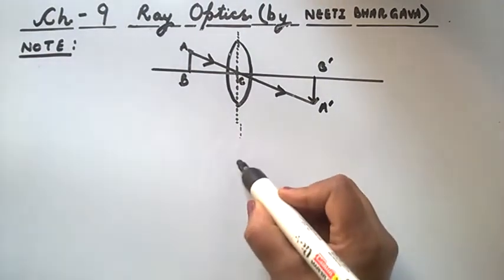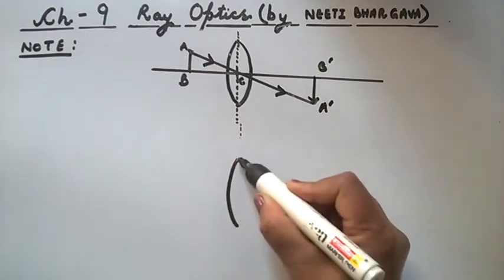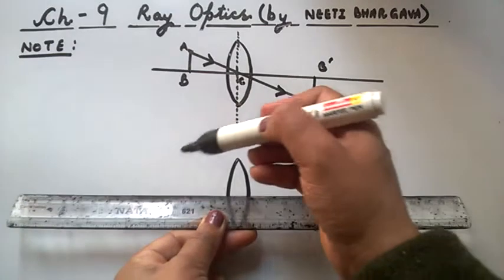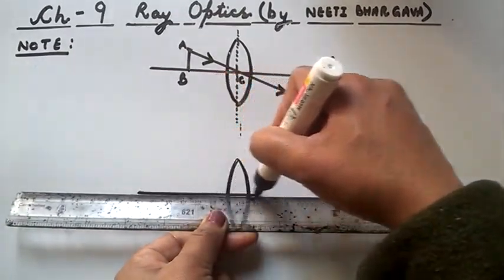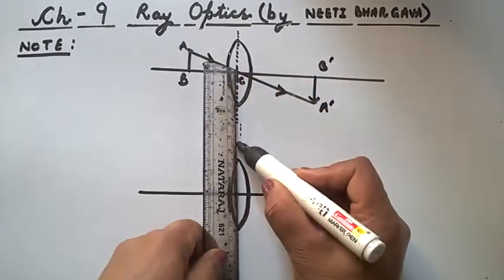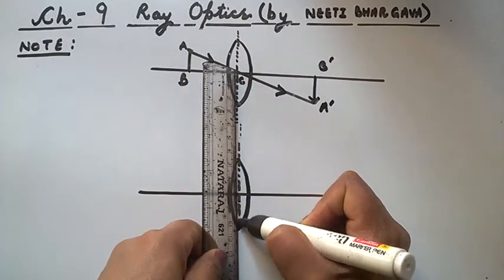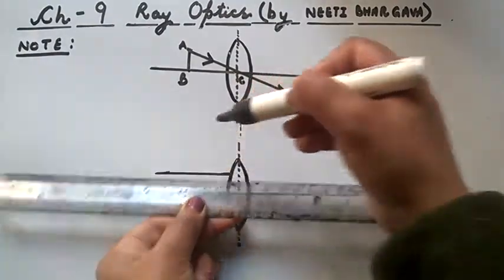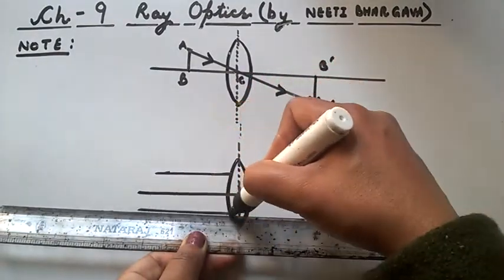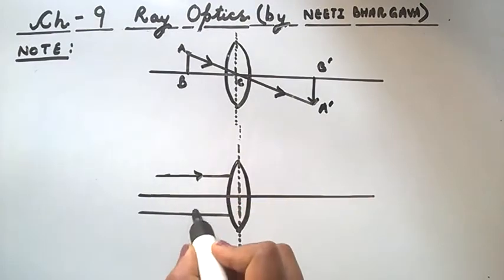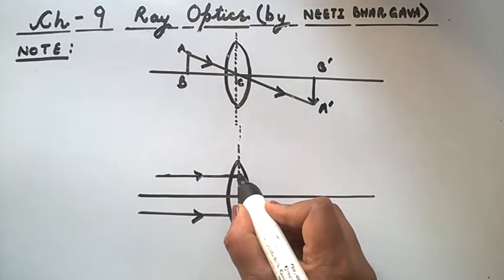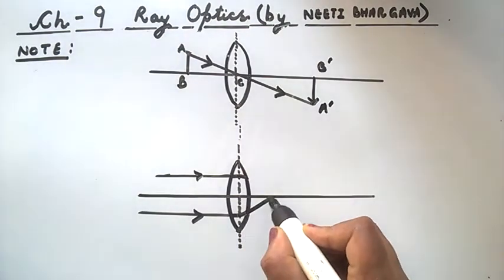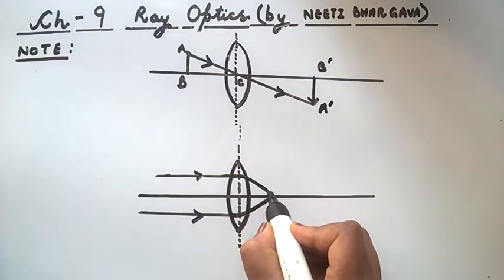Consider a convex lens and the rays are passing parallel to the principal axis through the convex lens. So when the rays are parallel, then after refraction, the rays will meet at a point or converge at a point.